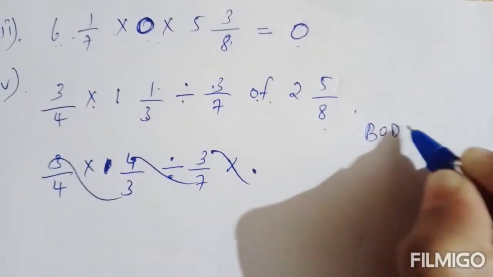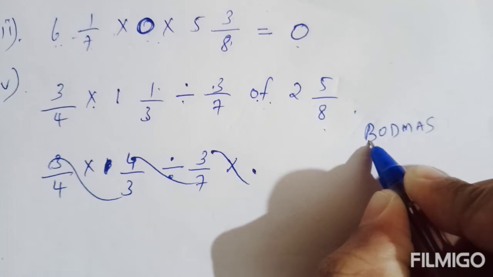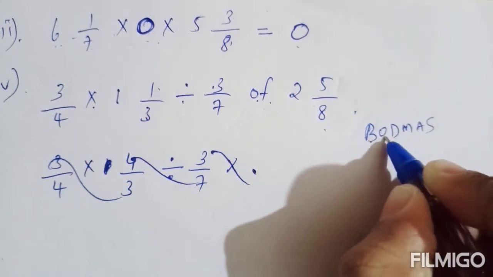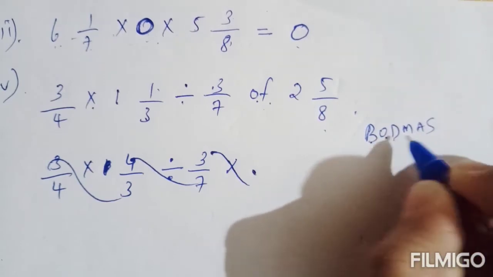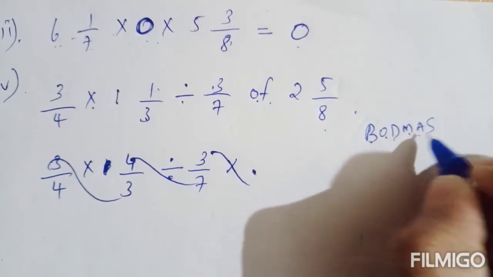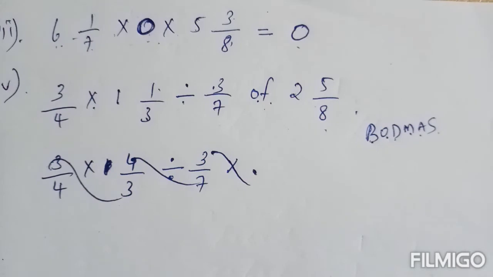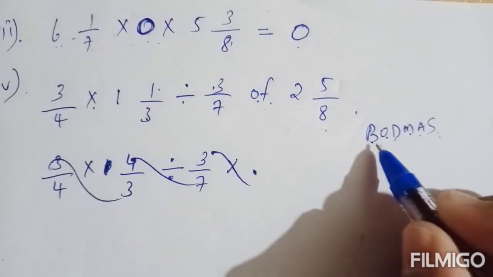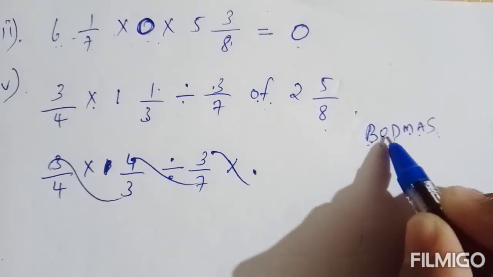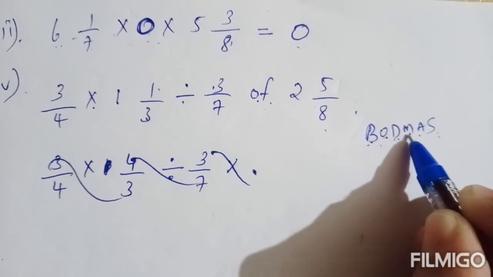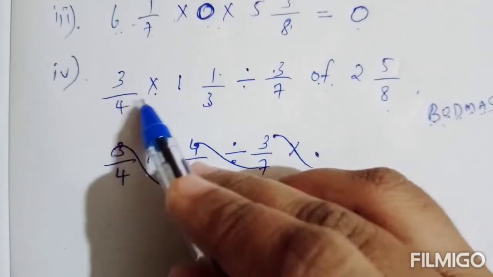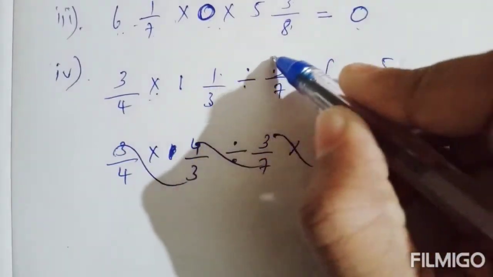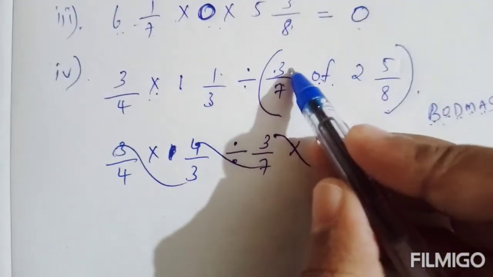Actually in BODMAS, B is for bracket, O stands for of, D division, M multiplication, A addition, and S subtraction. So in this order you have to solve. First bracket, then of, then division, multiplication, addition, subtraction. So here multiplication, division, of is coming. So first you have to solve this.